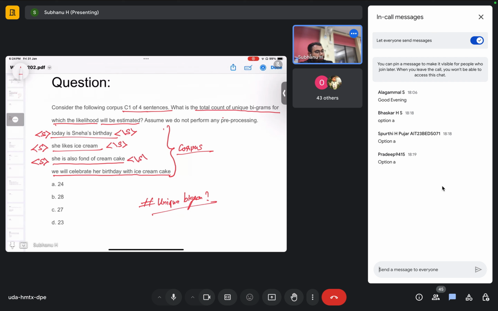So you have to count the beginning and ending markers as well to count all the unique bigrams. Fine. So can you work it out and tell me the answer in the chat box?